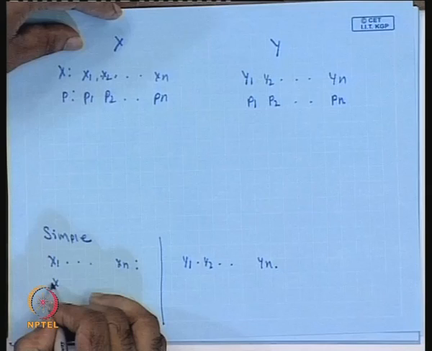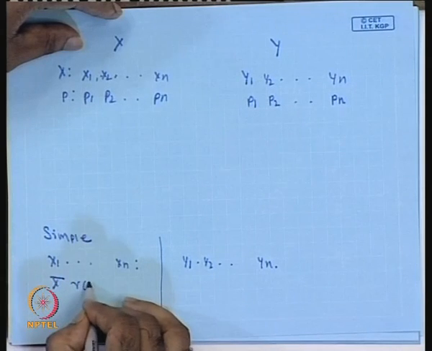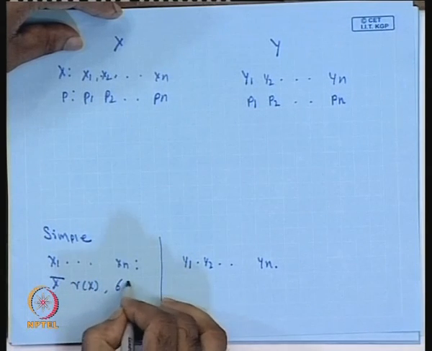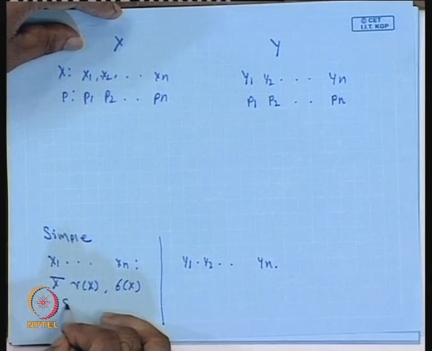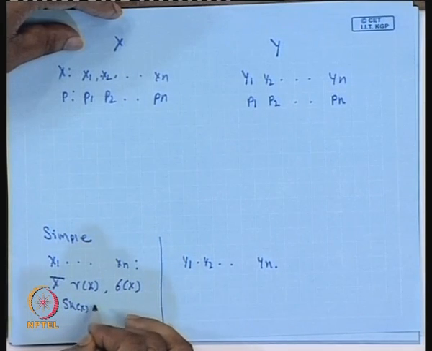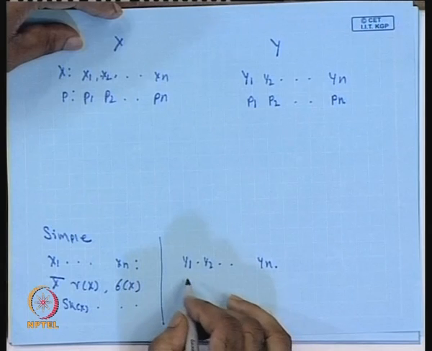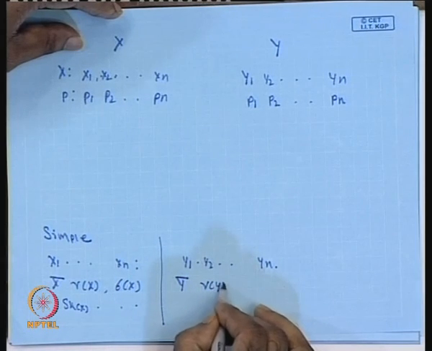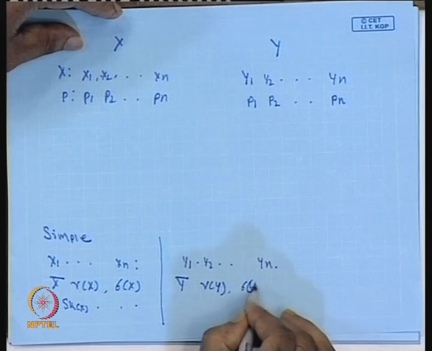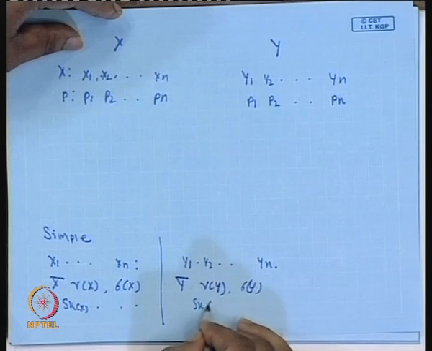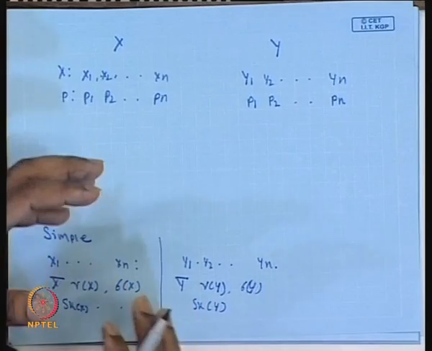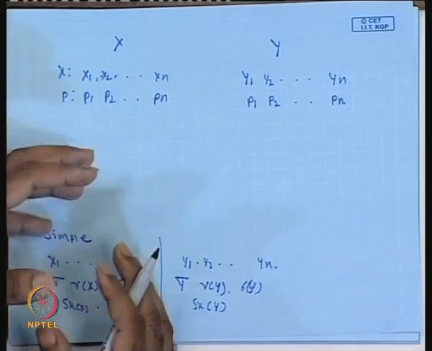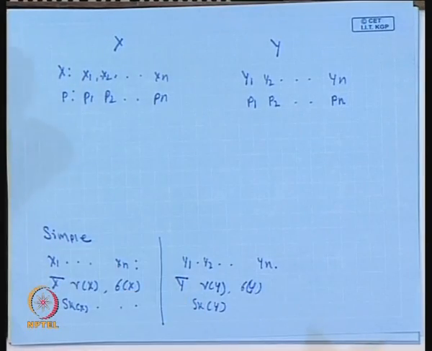We would like to know what is x bar, what is the variance of x, what is the standard deviation of x, what is the skewness of x, and so on. Okay. Similarly, this is y bar, variance of y, this is sigma of y and skewness of y. This is the entire or complete structure of the univariate setup.